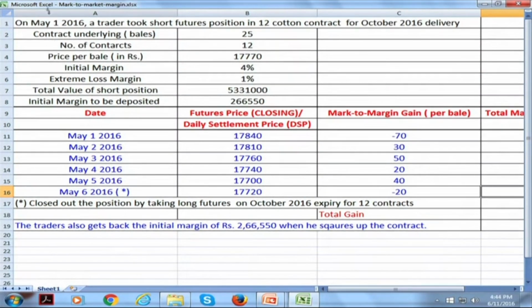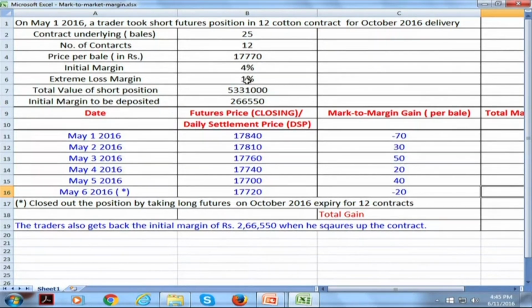Exactly the same thing I have mentioned here. On May 1, 2016, a trader took a short futures position on 12 contracts for October 2016 delivery. Contract underlying is 25 bales, number of contracts is 12, and the price per bale at which the party took the short futures position is 17,770.